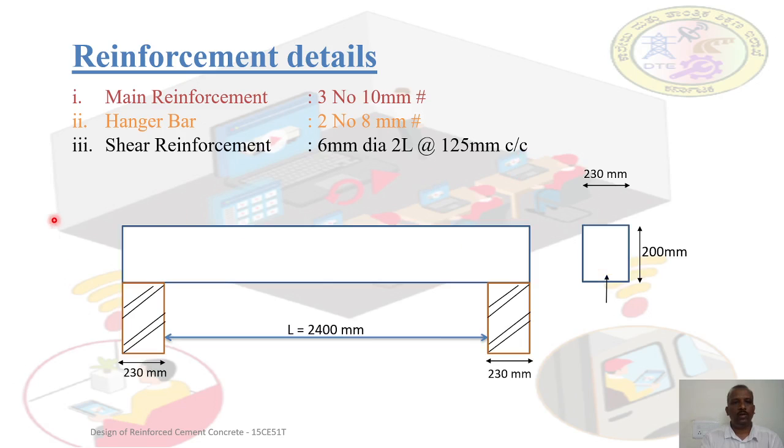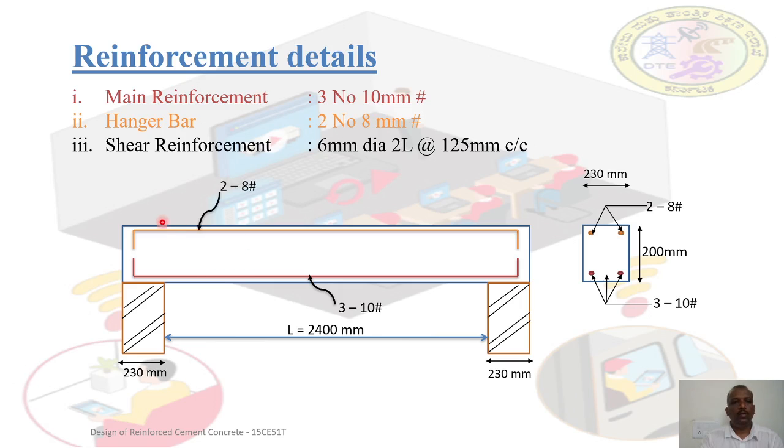So this is my section, and this is the span mentioned in the problem, and this is the bearing, and this is the depth of the member, and this is the width of the member we have designed. First, the main reinforcement, 3 numbers of 10 mm bars, here also 3 bars.